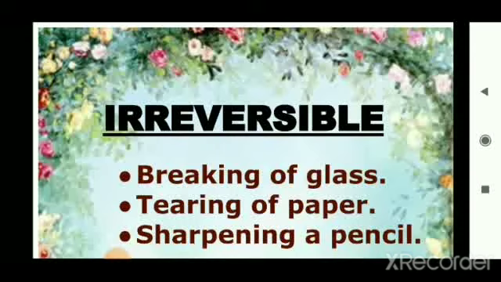They all are examples of physical change, as no new substance is formed here, right? That's why we can say that not all physical changes are reversible. Some physical changes are reversible and some are irreversible. Clear?